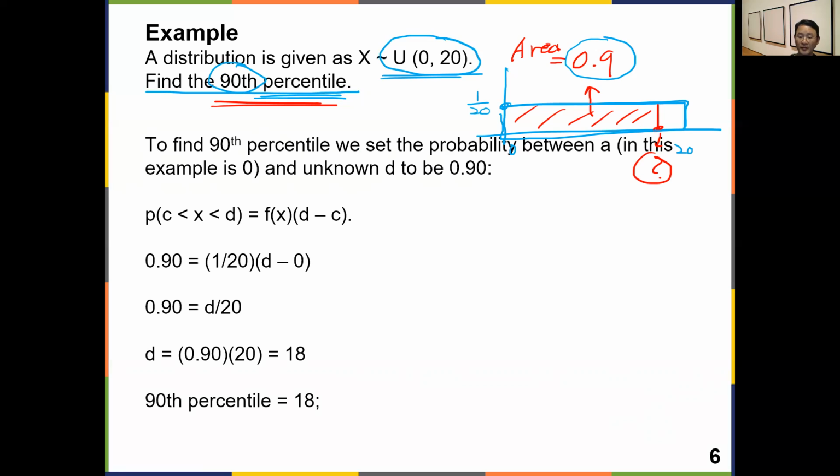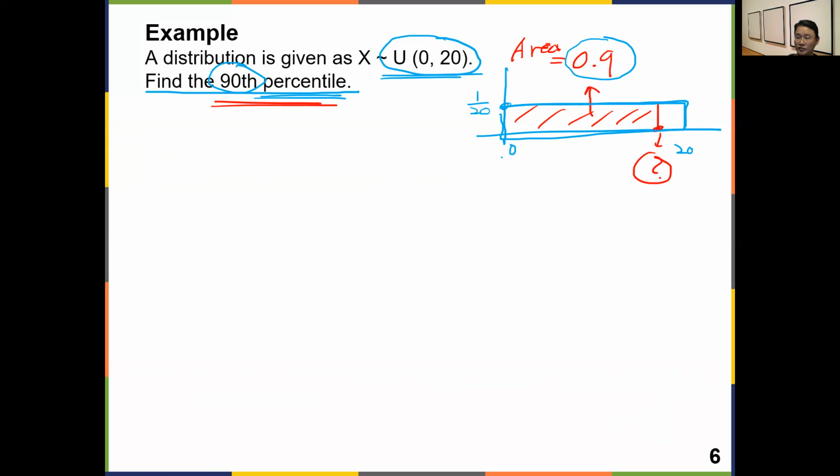Well, this is how they do it, but let's think about this. Whatever the distance from here to here is, let's say we don't know it, so let's call this variable d. So the width of this rectangle that I want, which will give me the 90th percentile, is going to be the actual number d.